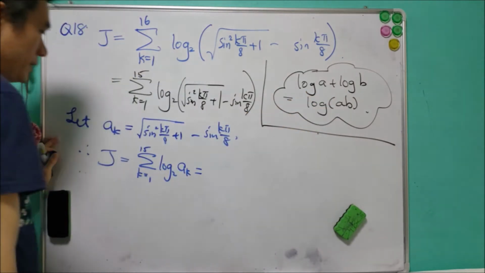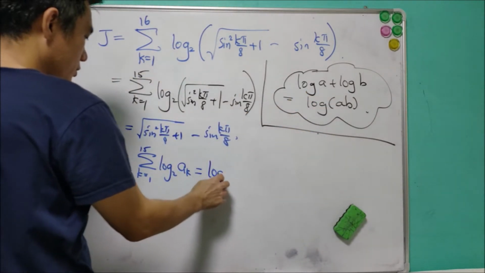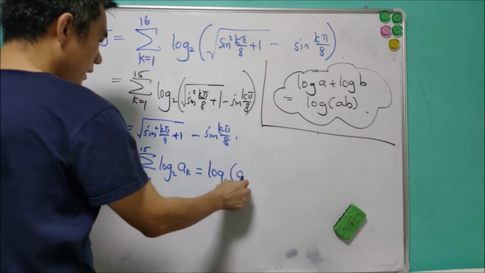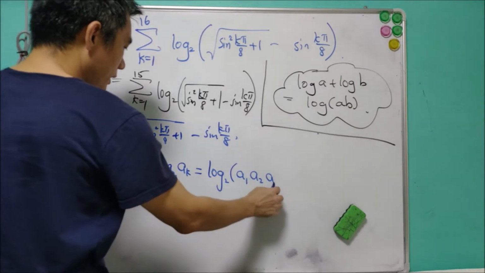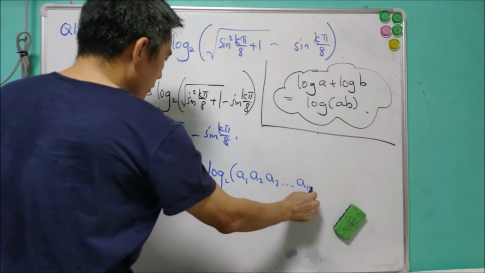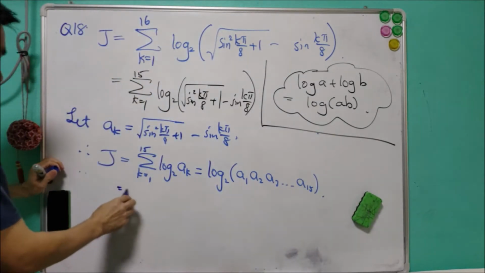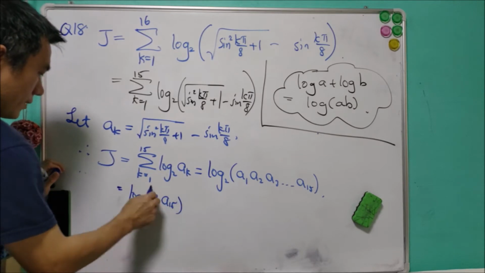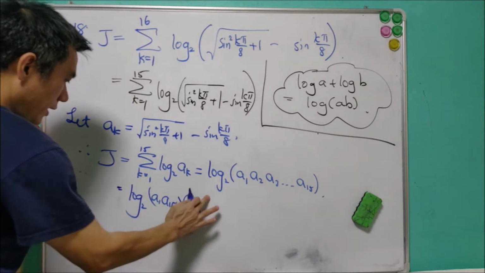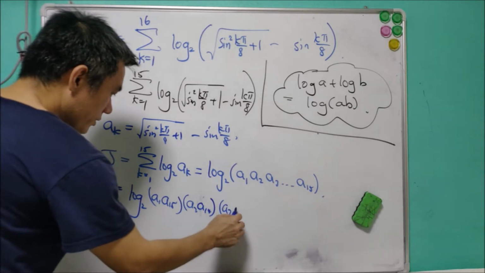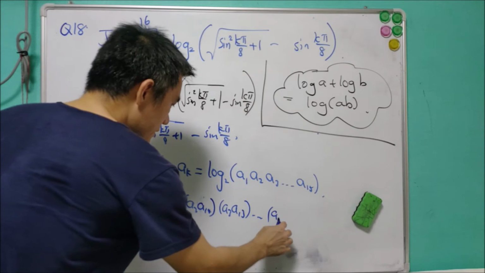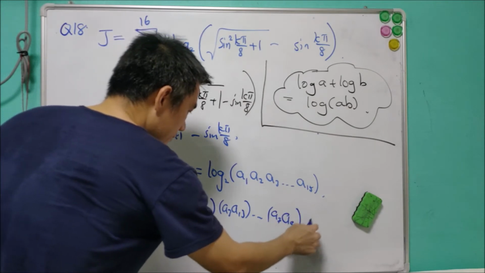According to the property here, this is equal to log base 2 of a1 a2 a3 all the way to a15. So we are going to combine log a1 and a15, a2 and a14, a3 and a13, and so on and so forth until a7, a9, and a8.